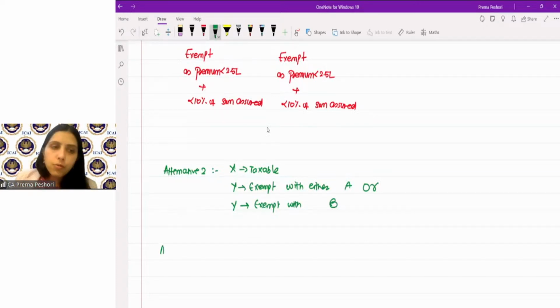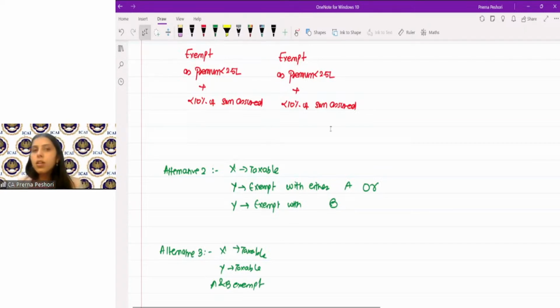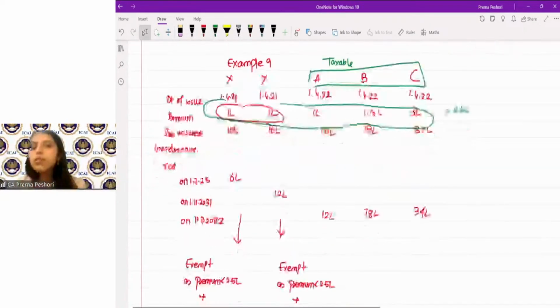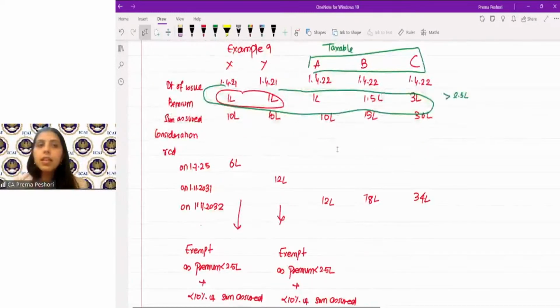This is alternative 2. Alternative 3 is X taxable, Y taxable, A and B exempt, because their premium does not exceed 2.5 lakh. Now, if you see the consideration, X is for how much? 6 lakh.